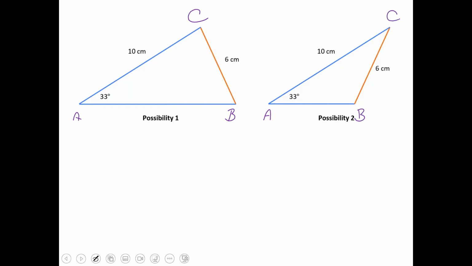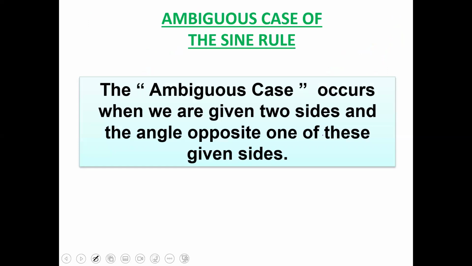Now look at these two triangles ABC. Angle A is 33 in this triangle, and on the right side, angle A is also 33 degrees. But angle B is a problem. Angle B may look acute, but in reality it is obtuse. So after giving the heading, copy this theory.